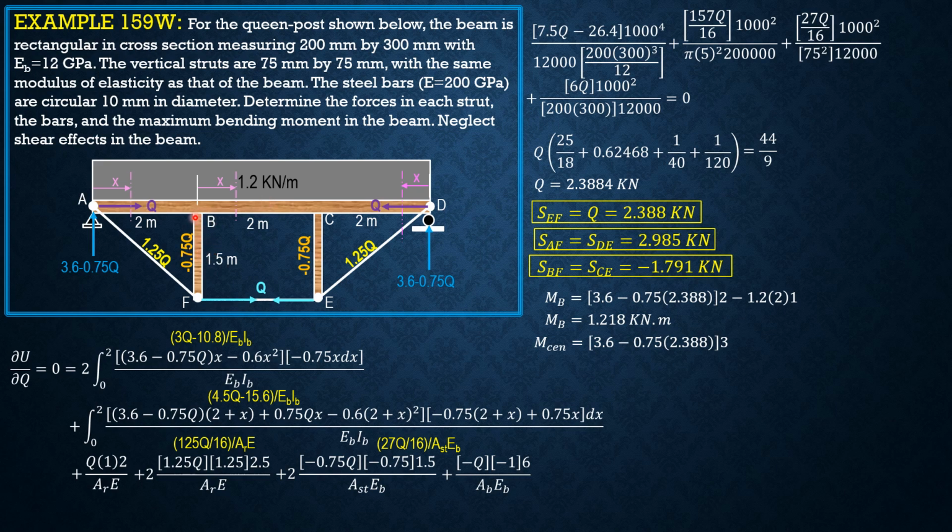Remember, this is 1.791 compression times 1, then minus the moment of the load, 1.2 times 3 times 1.5. So moment at center is 1.818 kilonewton meter, which is greater than that at B. Therefore, the maximum moment is 1.818 kilonewton meter.